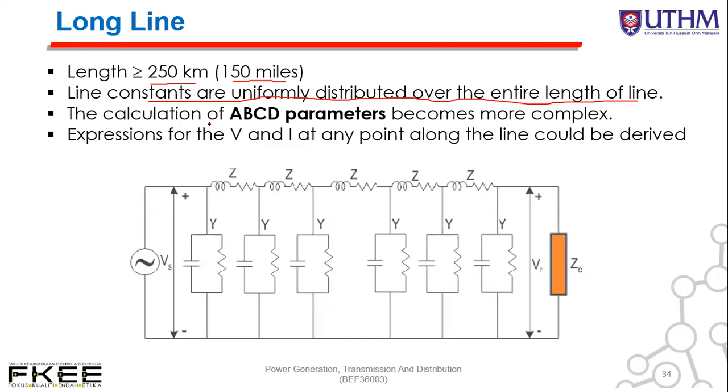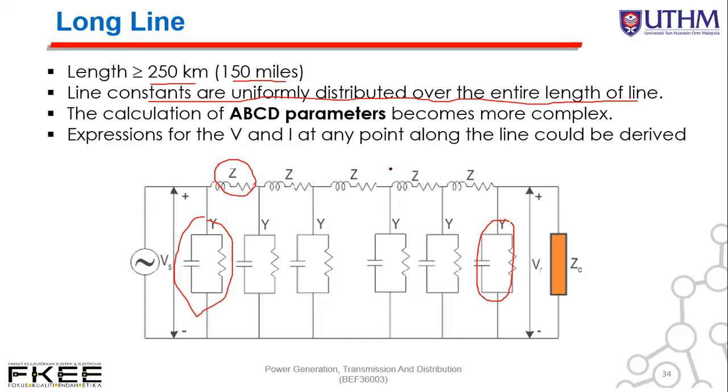Okay, when we look at the case of the medium line model, we have only one impedance, same like the short line model, and we add the capacitor at the sending end and also at the receiving end. That is for the case of the medium line model.